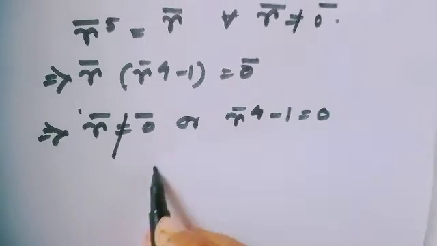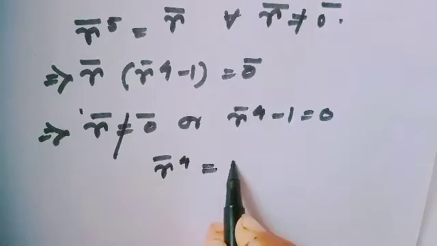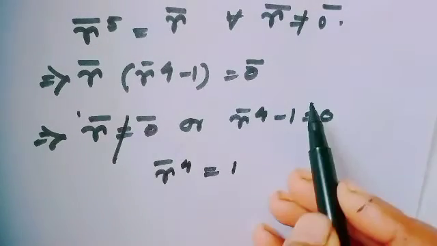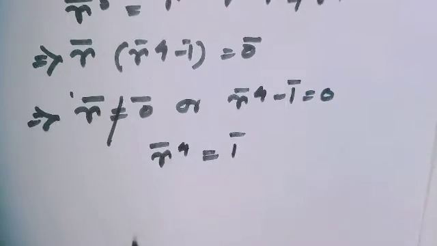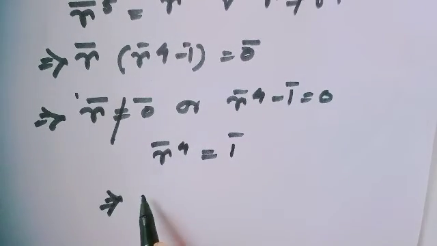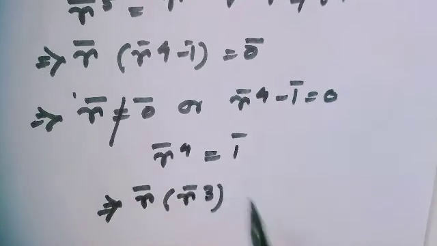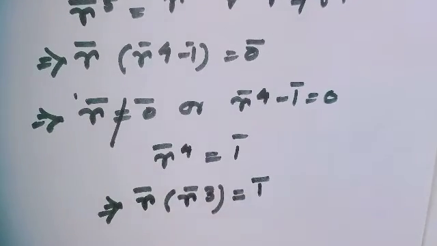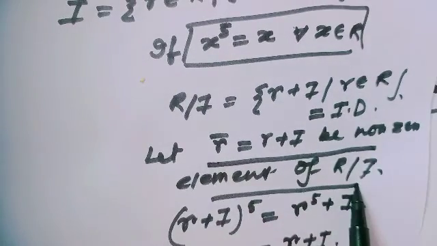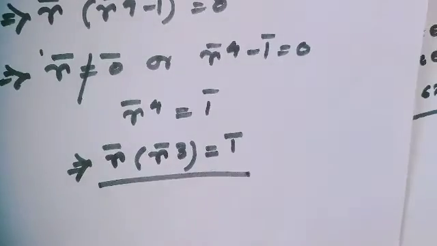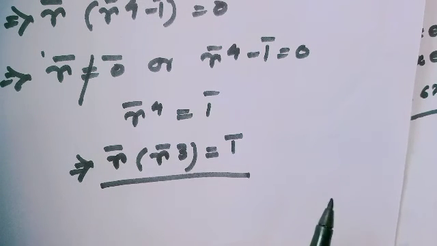Only possible is R bar to the power 4 equals 1 bar. And from this line we can tell easily R bar times R bar cubed equals 1 bar. So I have chosen R bar to be any non-zero element of R mod I, and from this we can tell every element has a multiplicative inverse.